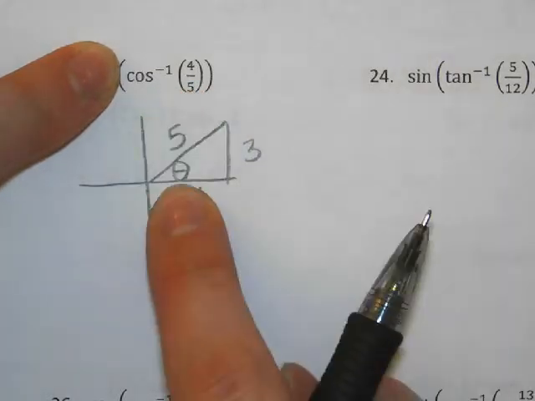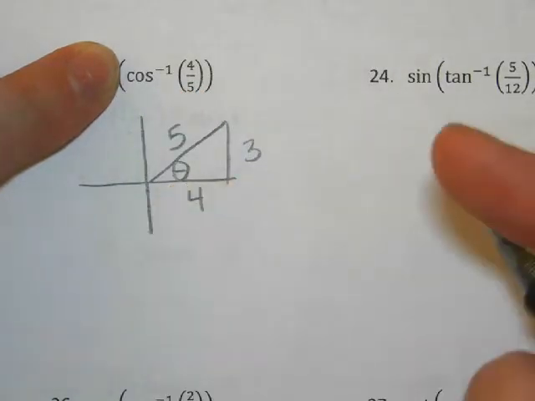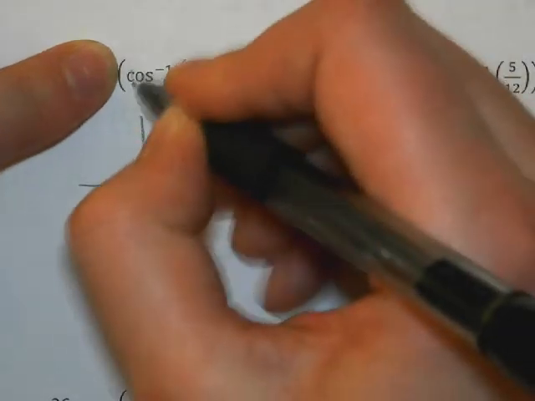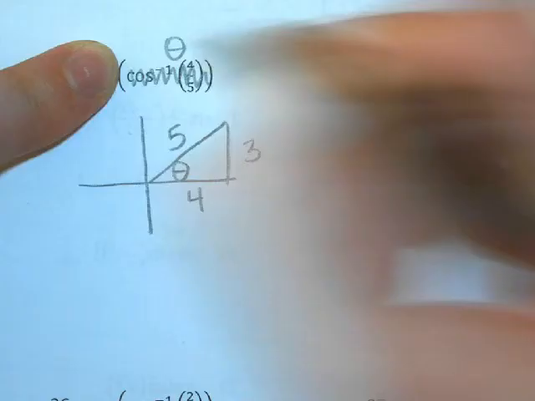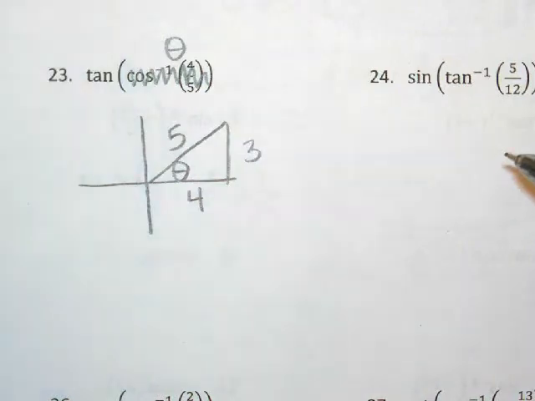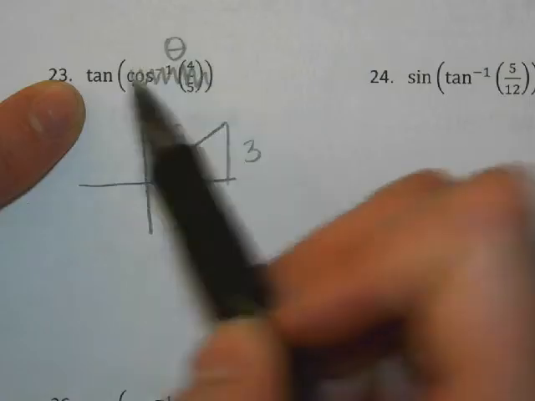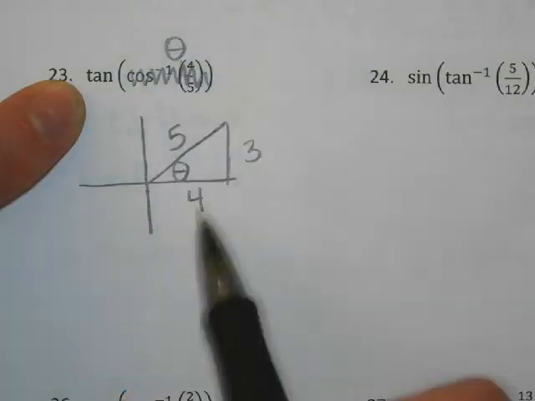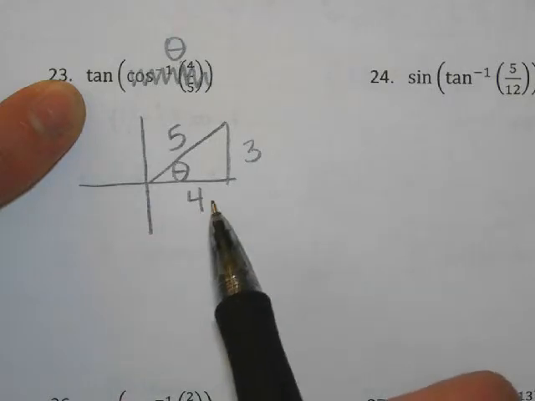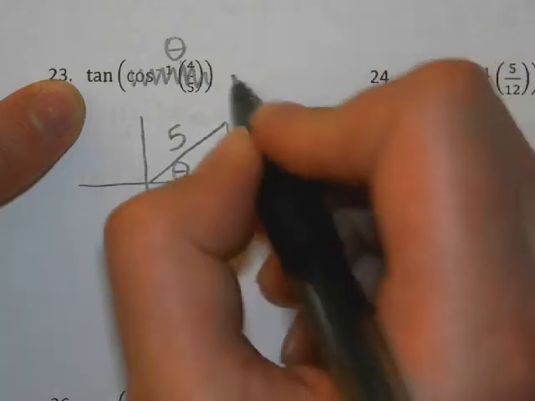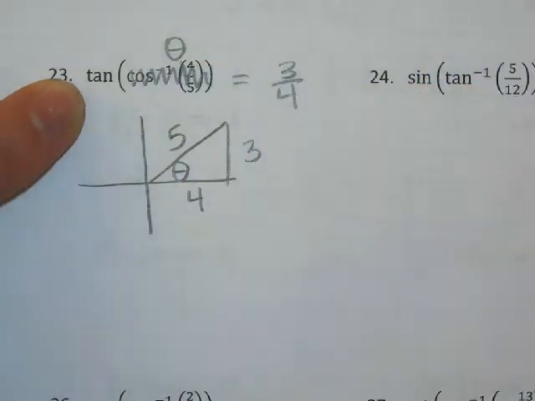The angle that we're talking about is theta. That's the one we based the picture off of, okay? So this is always going to become just theta, okay? And now to finish the problem, we say tangent of theta based on the drawing would be what? 3 over 4. Yeah. Opposite over adjacent.